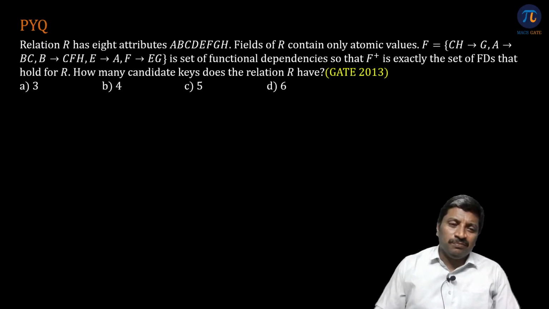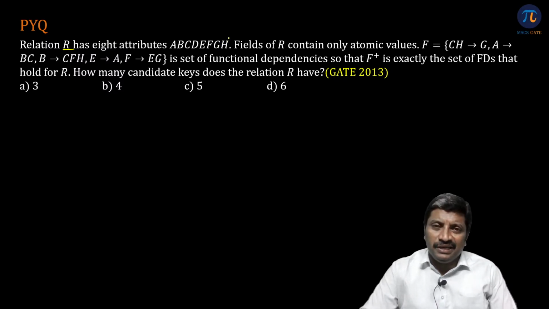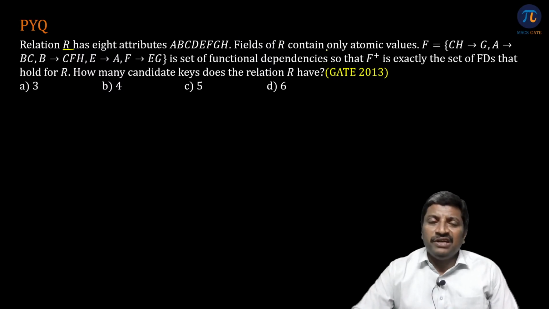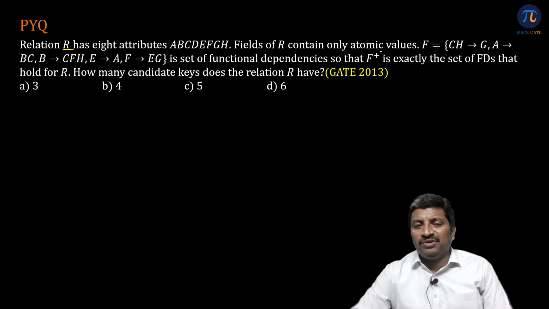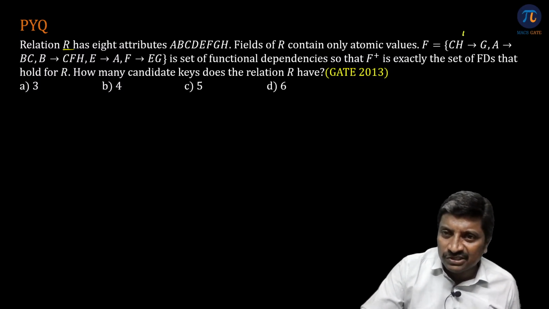Just go through the question, sir. The relation R has 8 attributes: A, B, C, D, E, F, G, H. Fine. Then fields of R contain only atomic values, and F equal to, they given some functional dependencies.